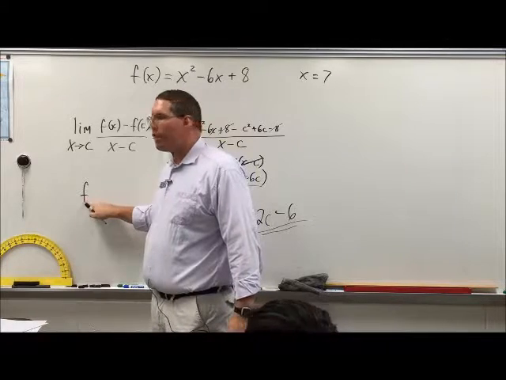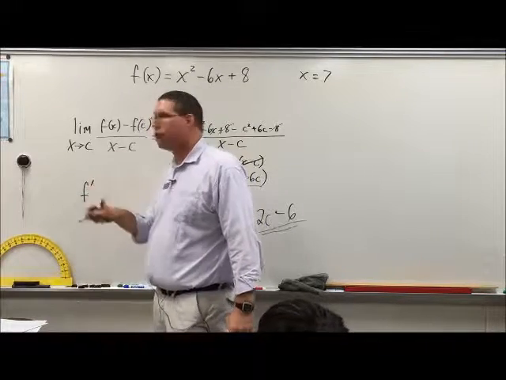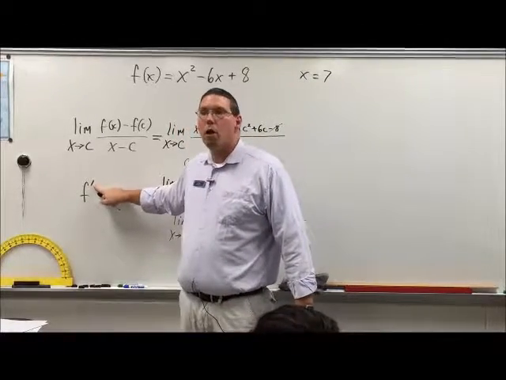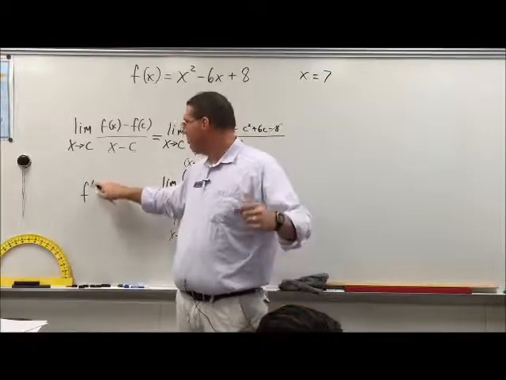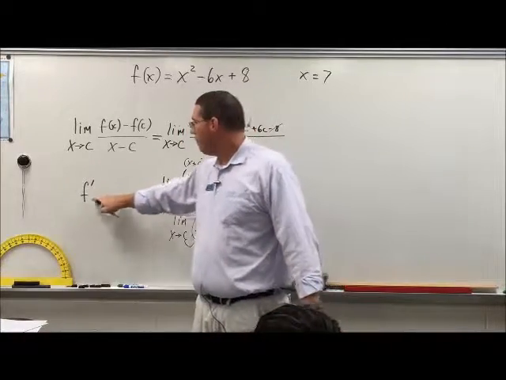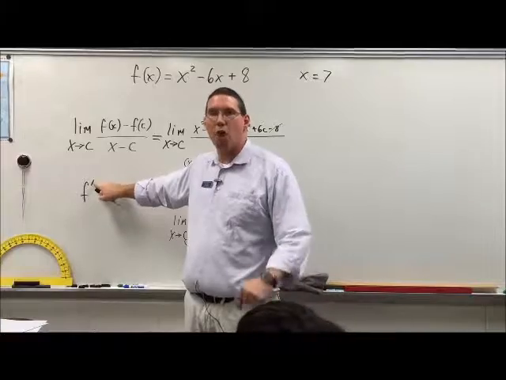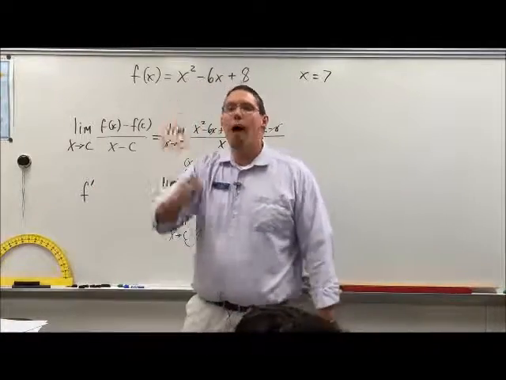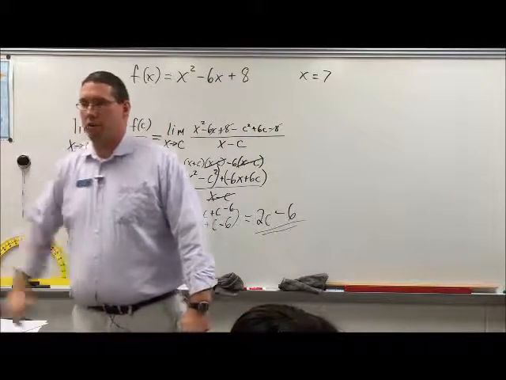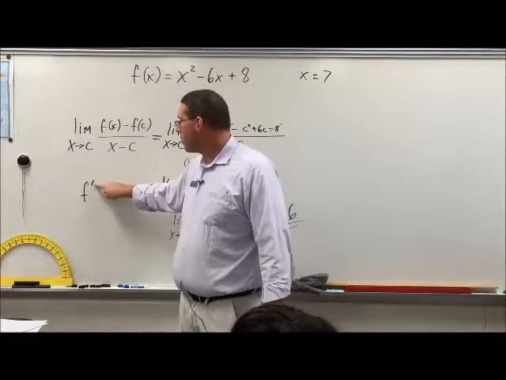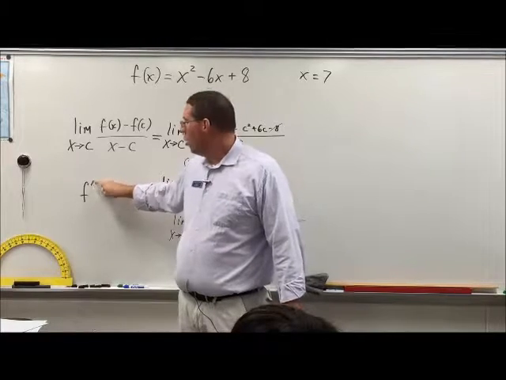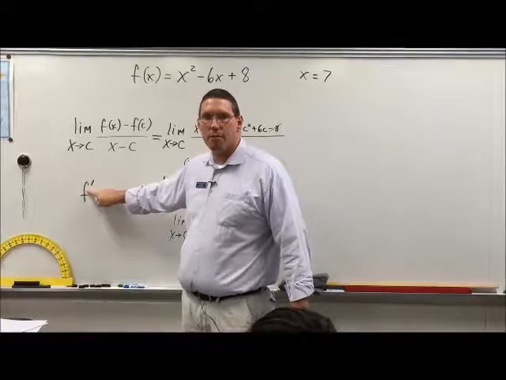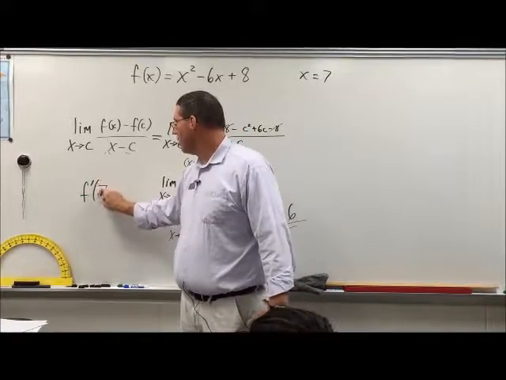And then on the f here, we're going to put an apostrophe. Do you guys see the apostrophe there? What we call this is f prime. That's how we say this, f prime. And what that little tiny apostrophe means is, what is the instantaneous rate of change of? So this means, what is the instantaneous rate of change in f of x at x equals 7?